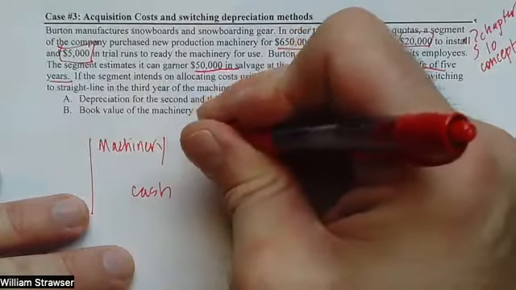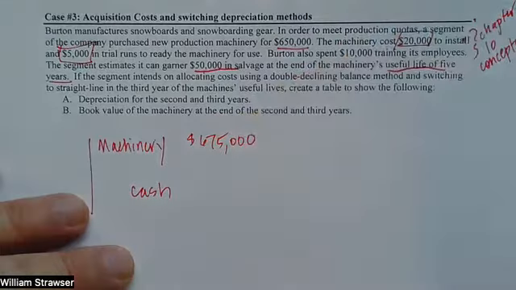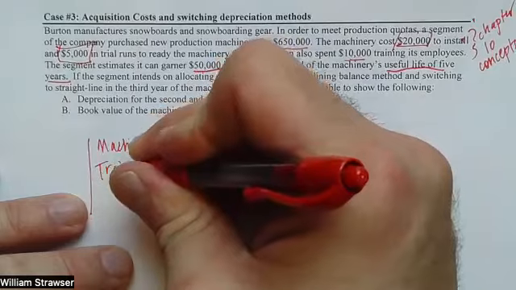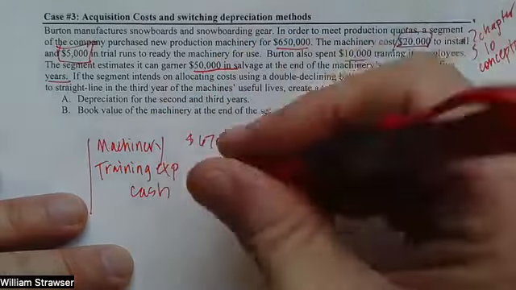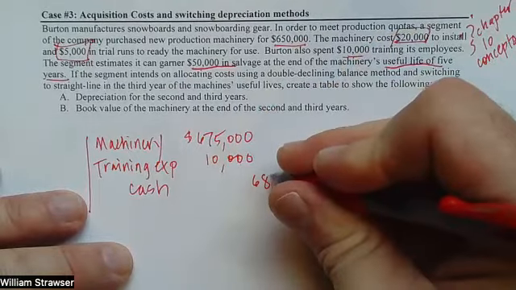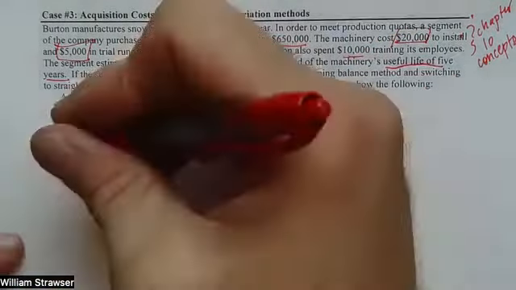So that would be 675,000. And the training would just be an expense. We don't capitalize costs of training our employees. And so that comes out to $685,000.